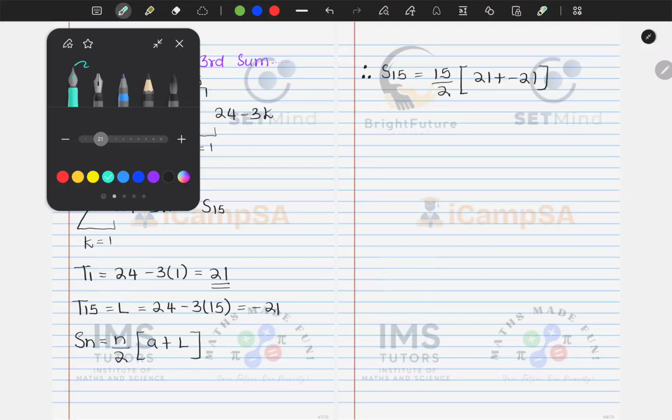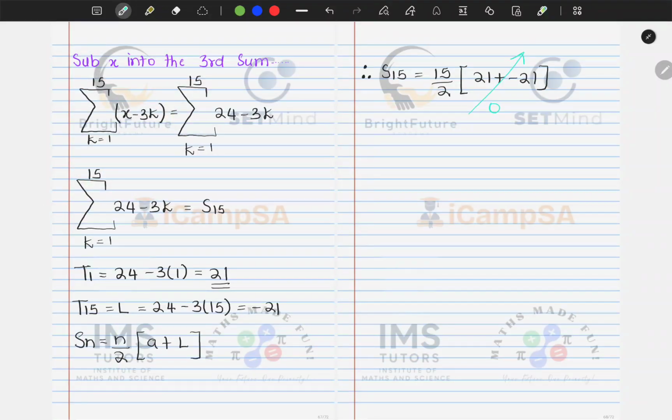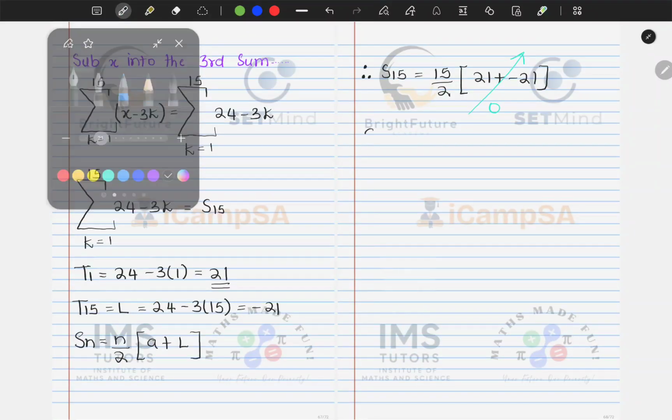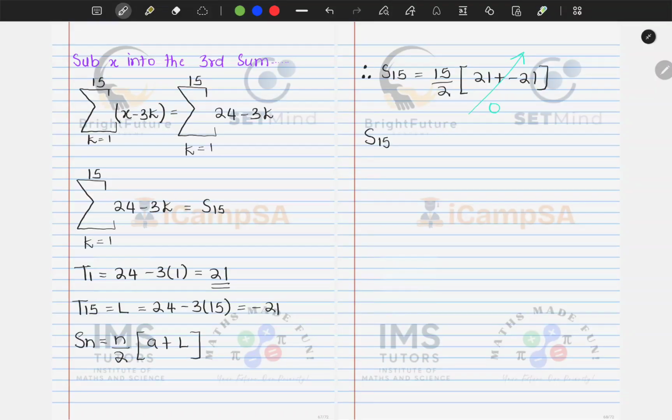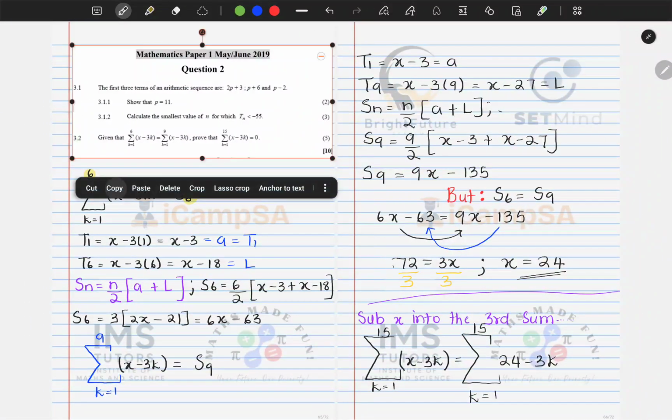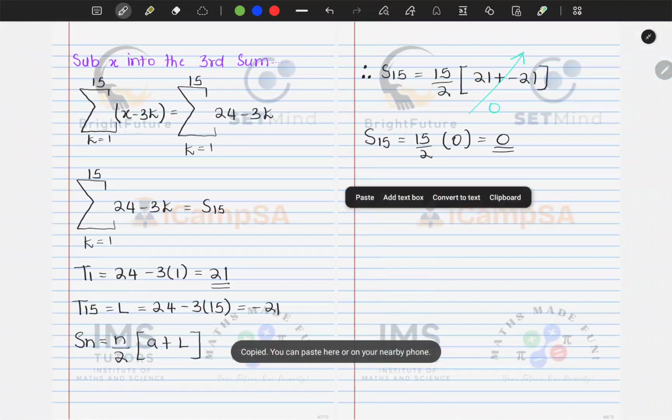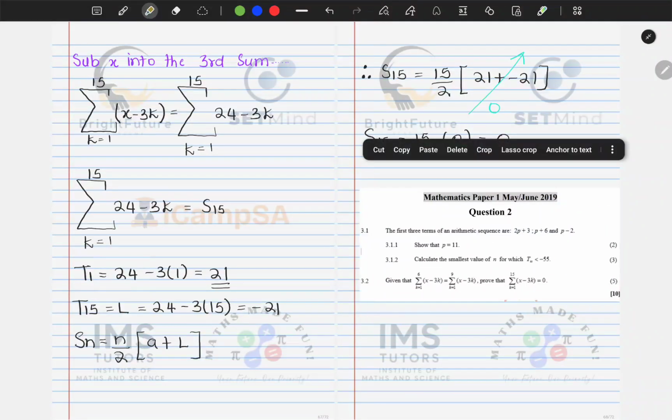And what is inside there is going to sum to 0. So essentially our sum of 15 terms will just be 15 over 2 multiplied by 0, which is equal to 0. And this is exactly what we were required to prove if you look at the question here.